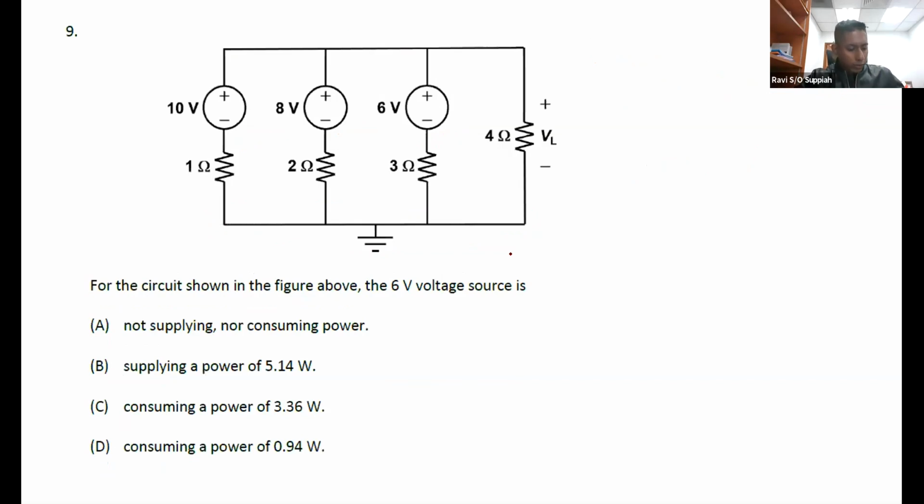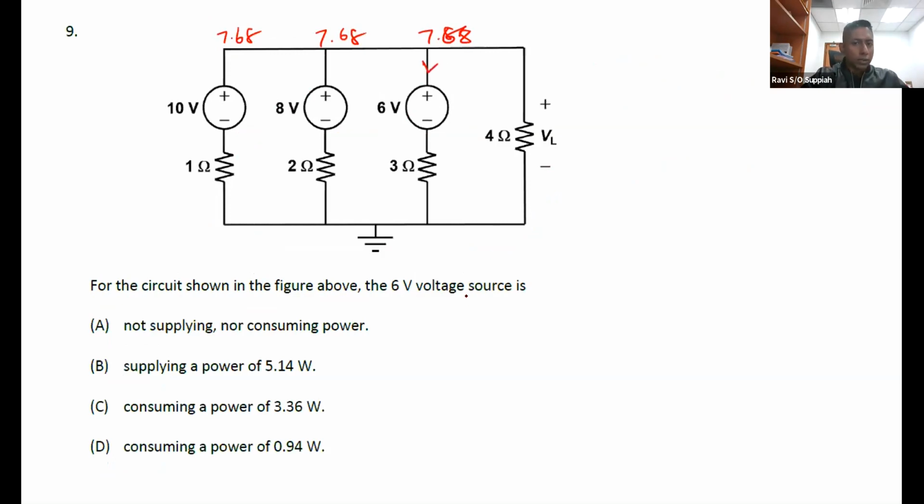For this question, this is the follow-up. After you do it, you get VL is 7.68, and this is also 7.68, and this is also 7.68. With this, you can see that for the 6 volt source, this is 7.68 and this is 6 volt, which means the current is actually going down.